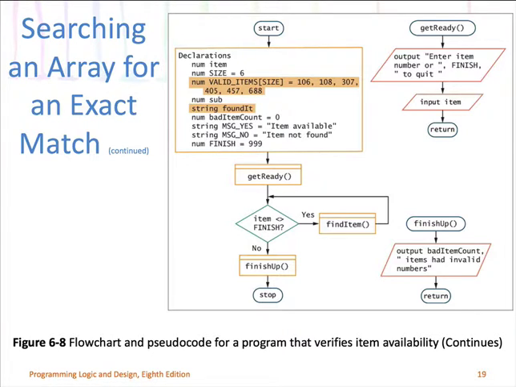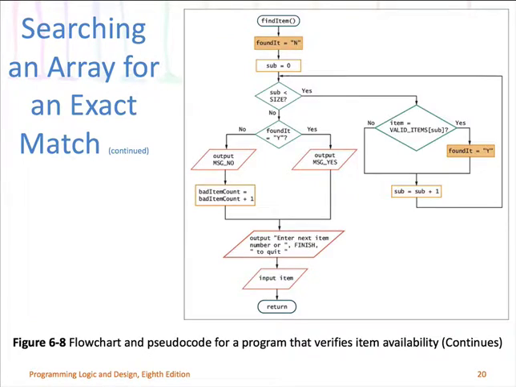So what they're going to do is they're going to have a variable called foundit. And foundit is going to be, we assume false if you didn't find it. It's going to be yes if you did. So you go through and find the element and then set the value of foundit. So this is continued on the next slide.